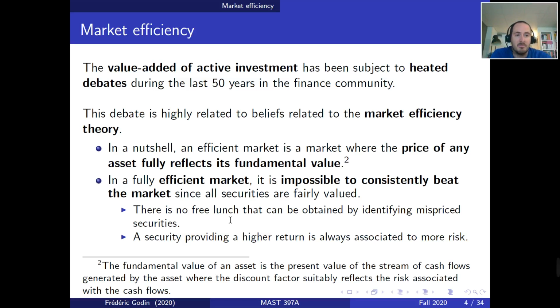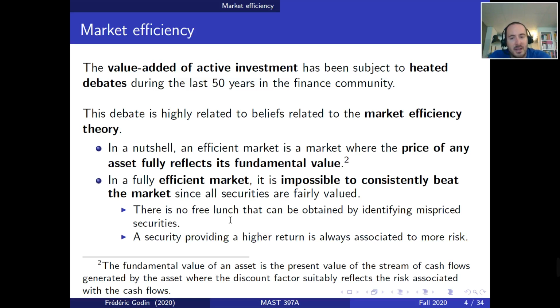Some people firmly believe you should only do passive investment and active investment is not worth the premium you're paying, whereas some other people argue that active investment can have a plus value for an investor. This debate is highly related to the beliefs of people revolving around what we call the market efficiency theory.